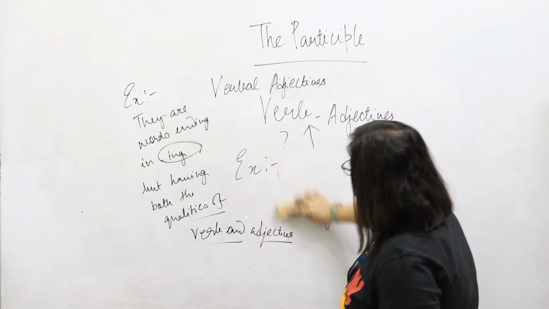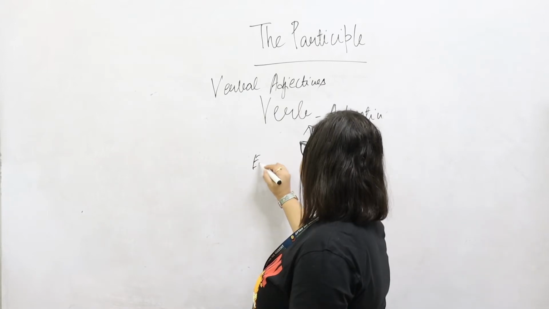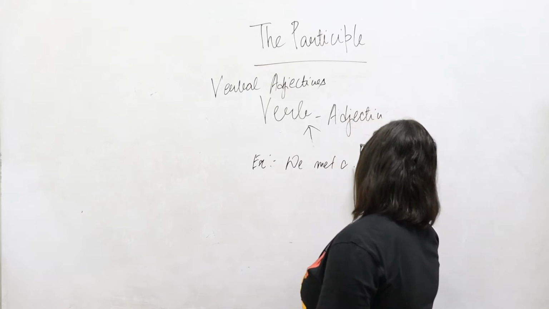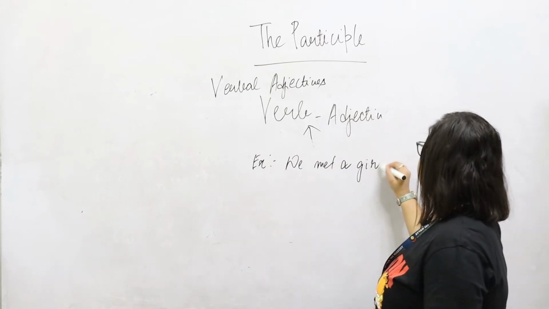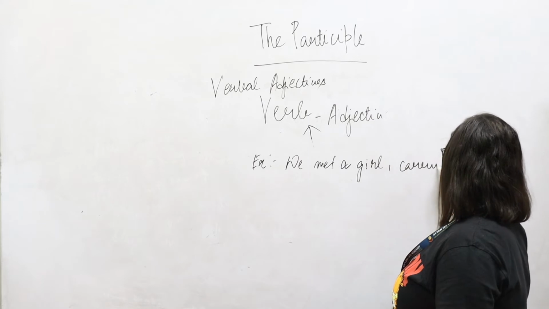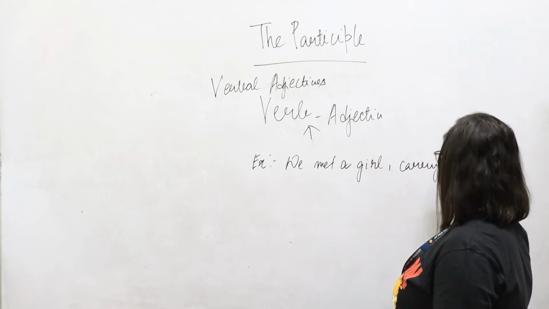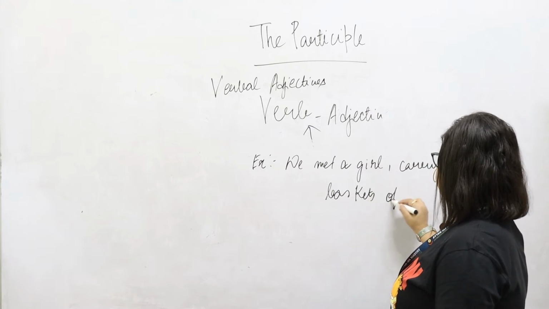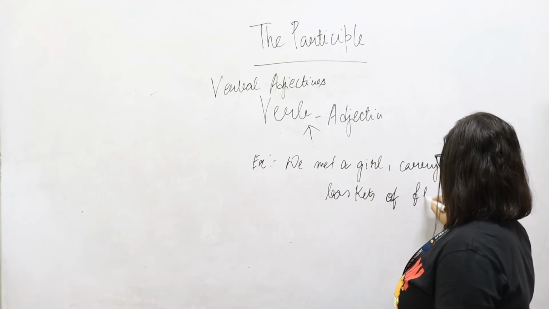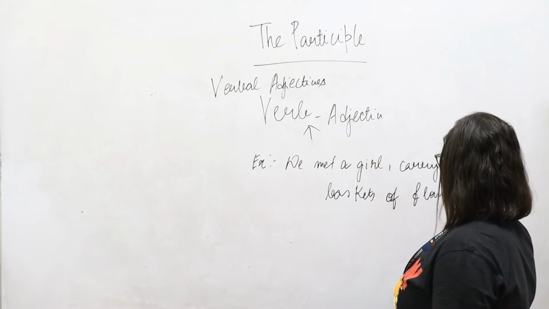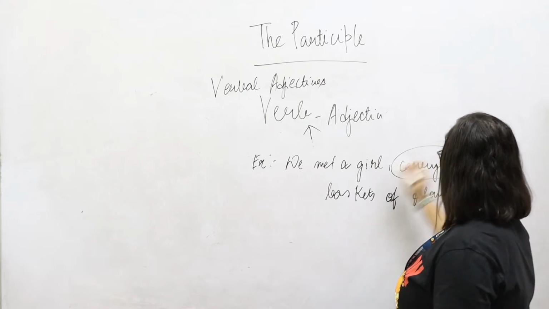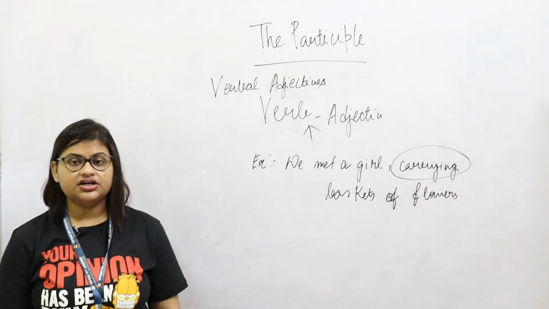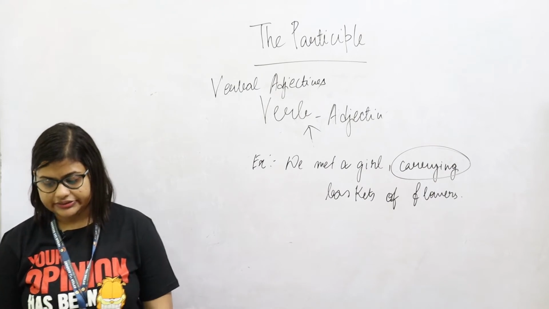So the examples could be: we met a girl carrying baskets of flour. So here we are using the word carrying as a verb as well as an adjective. So that is a participle that we are using.